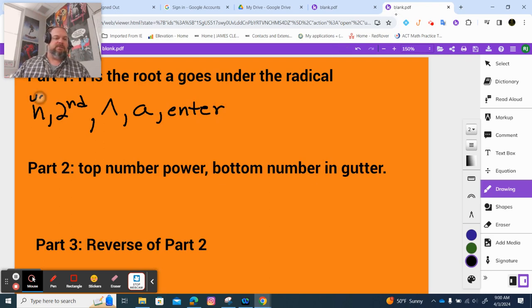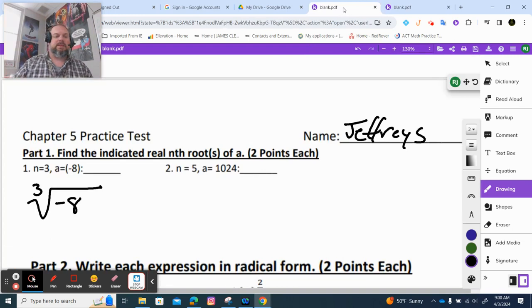N value, A value. Okay, so for this one, 3 second, raise the roof, -8, and we should get -2. Okay.